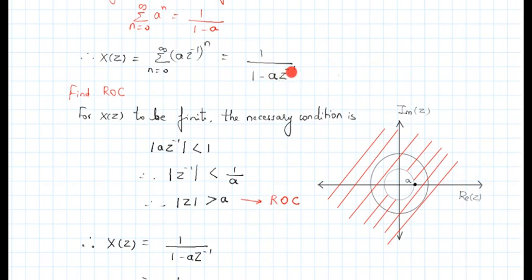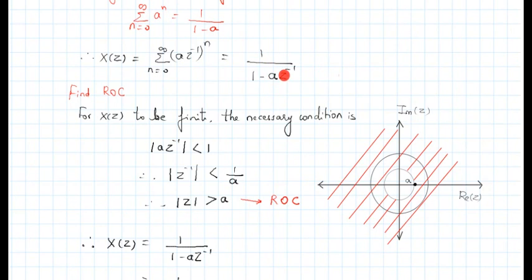So the condition that should be applied so that we avoid the infinity condition is that this particular term a z raised to minus 1 should be less than 1.